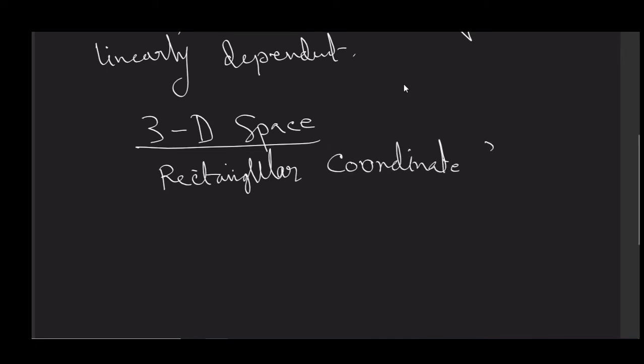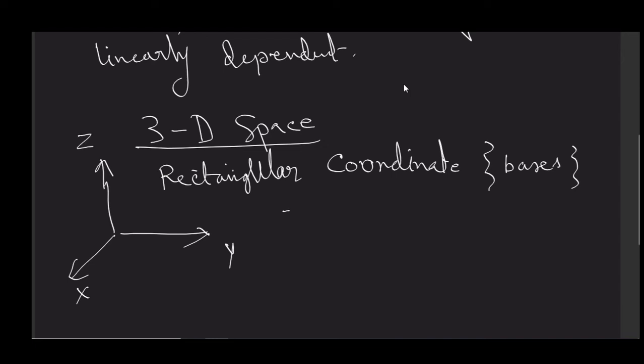Obviously X, Y, Z form a basis of your vector space. So how should you write it? It should be like 1 0 0, 0 1 0.